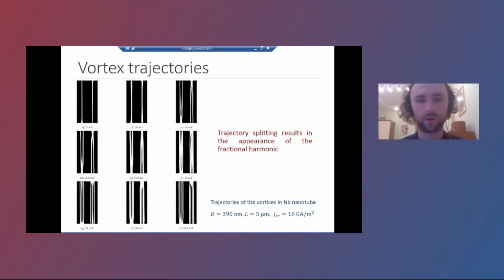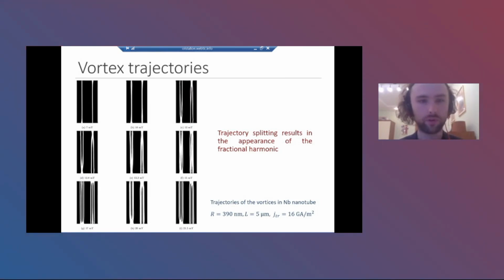If we see the harmonic associated with 1/3 of the main harmonic, then there are three paths in each half cylinder. It is the bottom left panel, and this means that fractional harmonics appear due to the splitting of the trajectories.